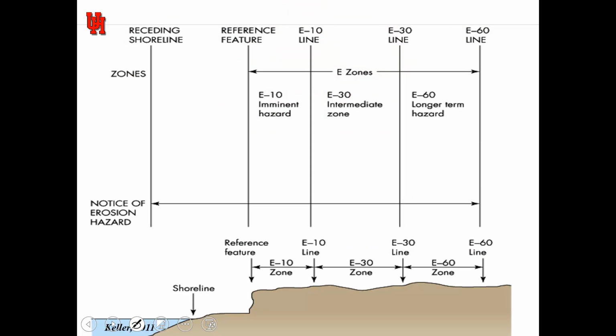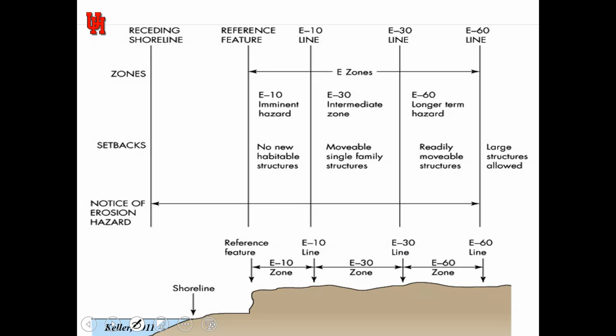Well, we could use it to define erosion zones, well discussed in your book, and maybe we could say that based on historical erosion rates, where the shoreline will be in 10 years, 30 years, 60 years defines an E10 zone, an E30 zone, an E60 zone, and maybe we could use that to decide what kind of structures should be built there.